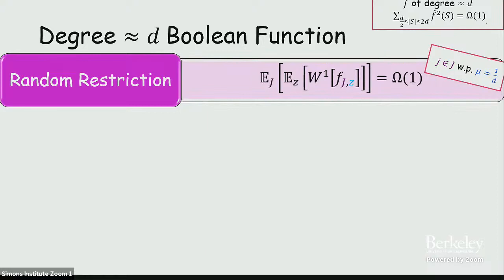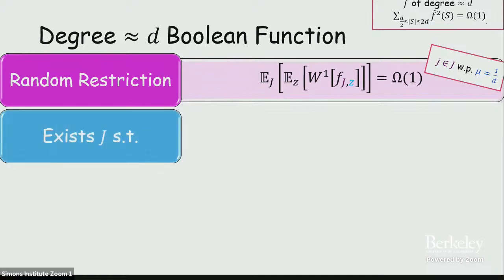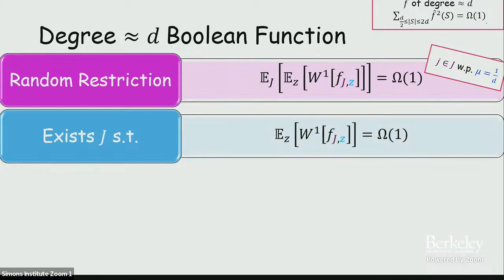And then we get that the expectation of the first Fourier level is constant. So now we know that there exists at least one j from all the options such that the weight is at least constant. So let us fix this specific j.